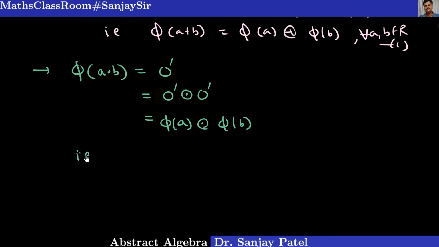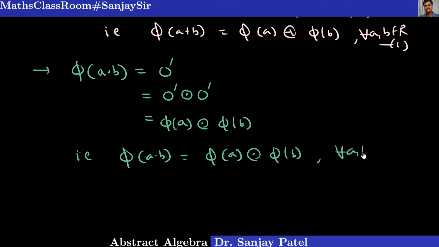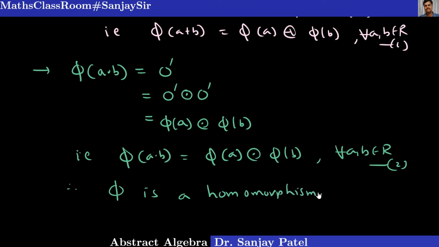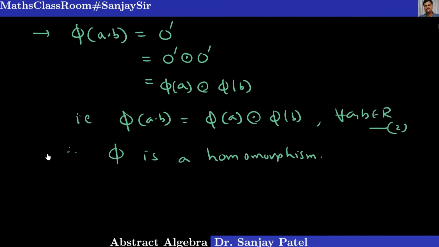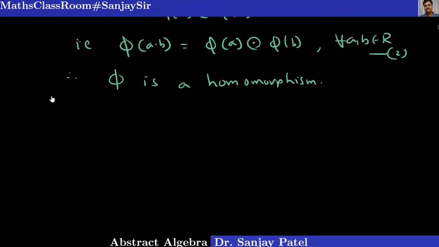So what we have proved is phi of a dot b is equal to phi of a dot circle phi of b for every a and b belonging to R, and this is my second result. So from 1 and 2 it follows that phi is a homomorphism. So a very simple example, but this homomorphism is known as the zero homomorphism, which you can remember.